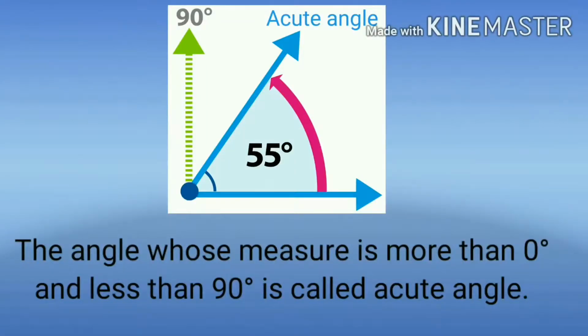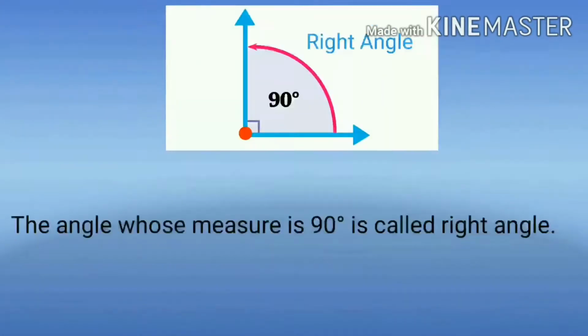Acute angle: the angle whose measure is more than 0 degree and less than 90 degree is called the acute angle. Right angle: the angle whose measure is exactly 90 degree is called the right angle.